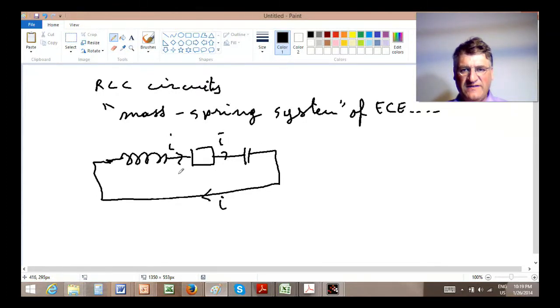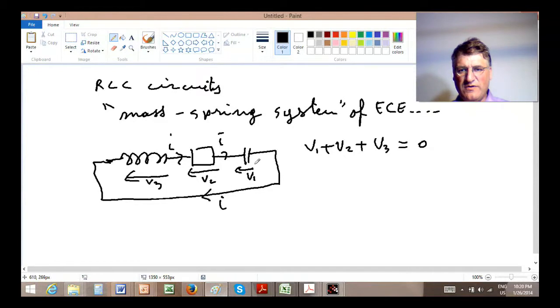And what we have is that the voltage across each element, we call V1, V2, and V3. The way we have arranged things, V1 plus V2 plus V3 must be equal to 0. You take V1, V2, V3, you climb, and then boom.